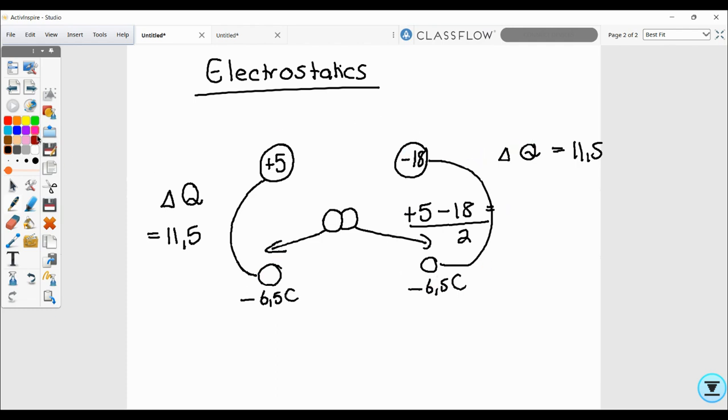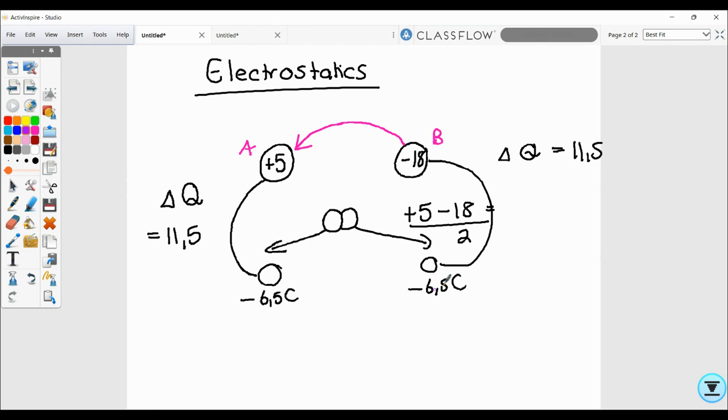Now, this is the next question they always ask. Which one lost, which one gained? The negative one will give electrons to the positive one. So it's always from the more negative one to the more positive one. So if this is A and this is B, it's going to be from A to B. The question can be asked in all kinds of different ways.